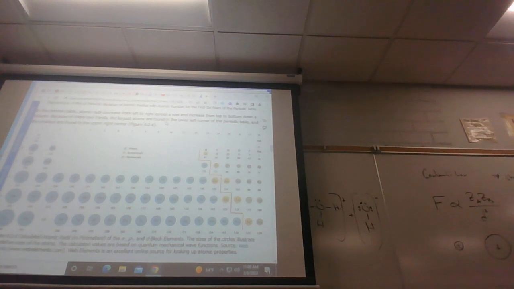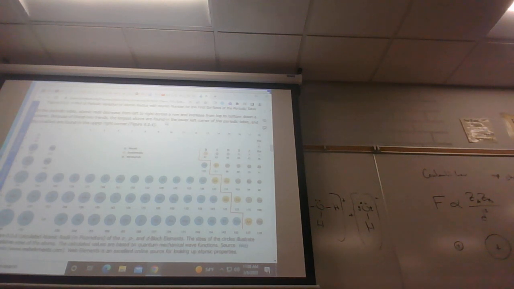The small atoms are about what, and the biggest atoms are about what? 1 to 6 picometers? Close. 1 to 6 what? Angstroms. 1 to 6 angstroms means how many picometers? It's 100 to 600.